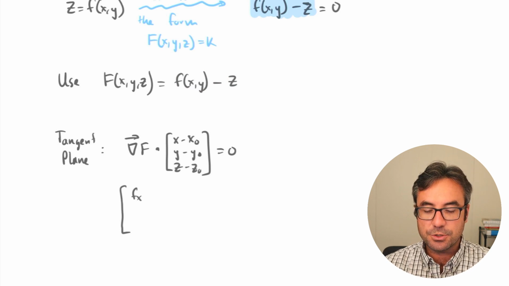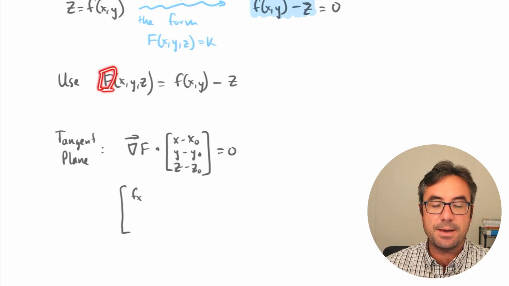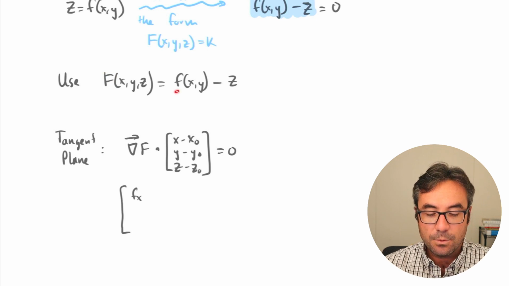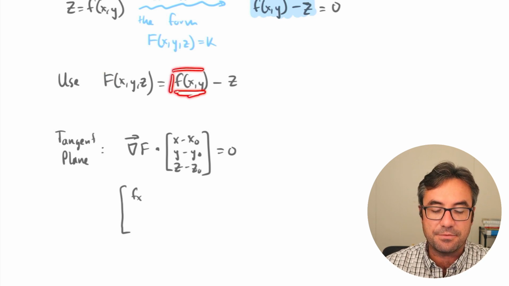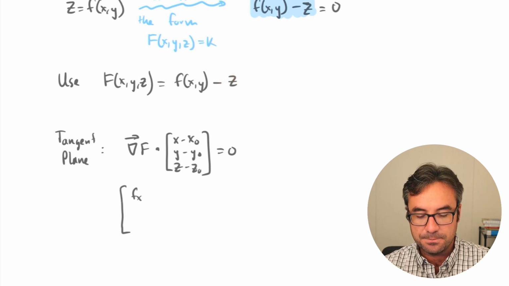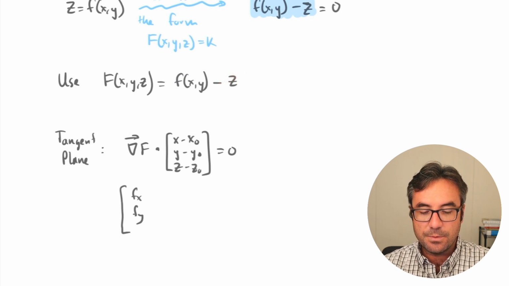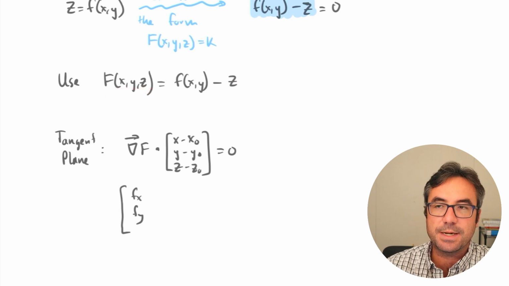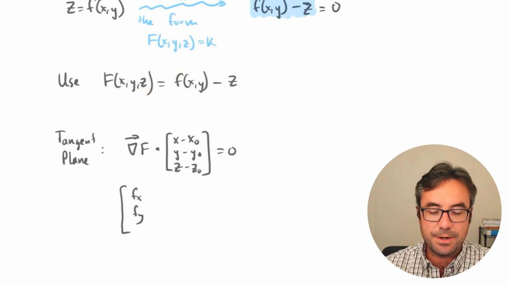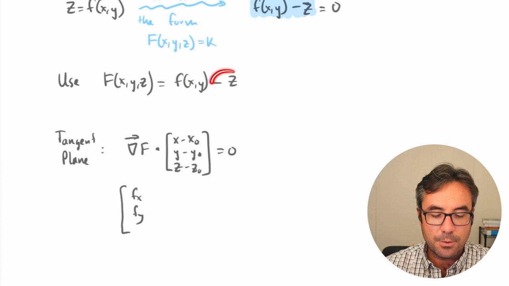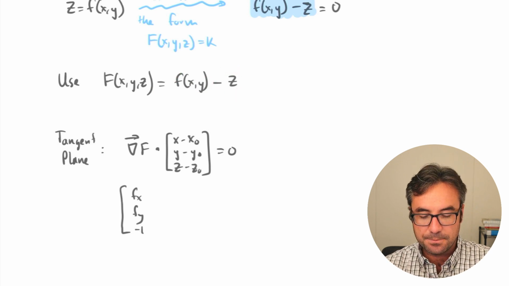What about the partial derivative of capital F with respect to y? It's going to be the partial derivative of little f with respect to y, and there's no y term here, so that's 0. And when we do the partial derivative with respect to z, there's no z term in little f, so that's 0, but we are going to get a minus 1 from here.